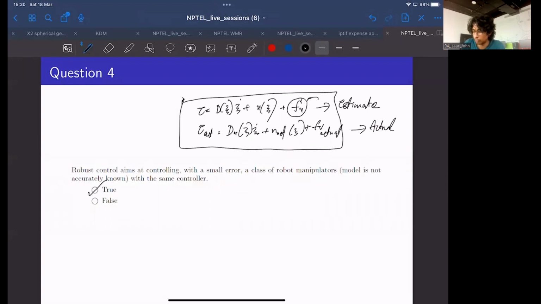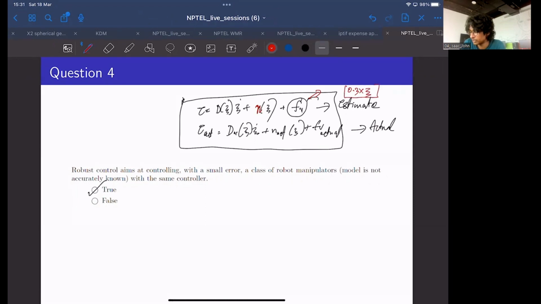Most often, in order to model the friction, we would simply give some coefficient of this vector, n of theta, the other effects vector. We would take the friction to be proportional to the velocity of the robot. So we would simply give it as 0.3 times the velocity, this vector zeta.